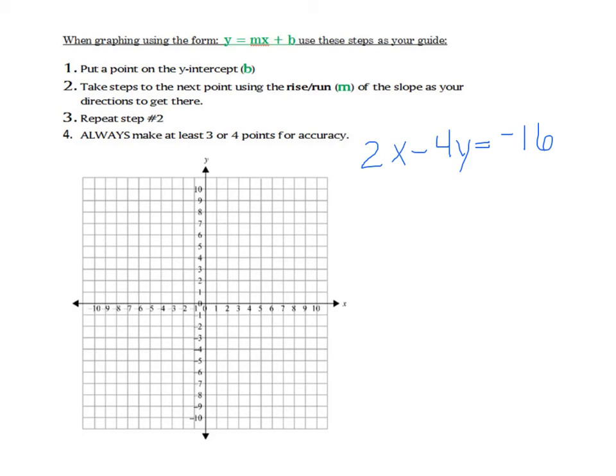So in this case, you have 2x minus 4y equals negative 16. Your 2x needs to be relocated over here to right after the equal sign. So I need to subtract it from both sides.